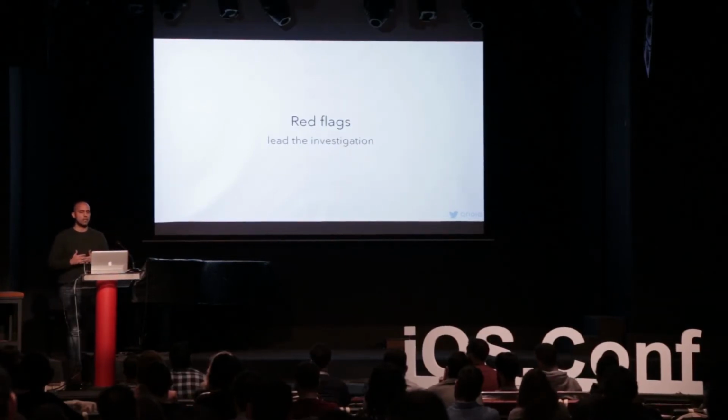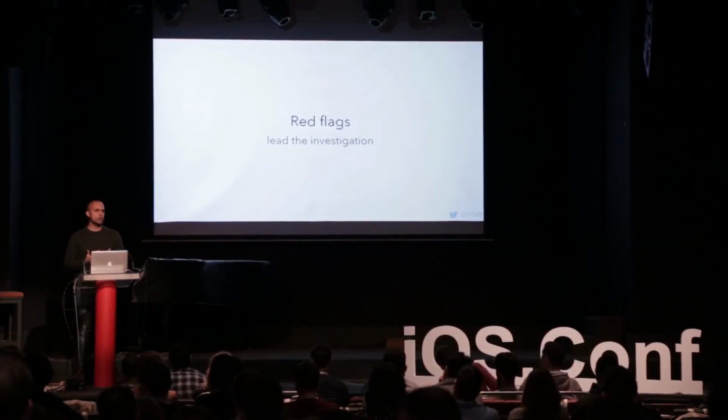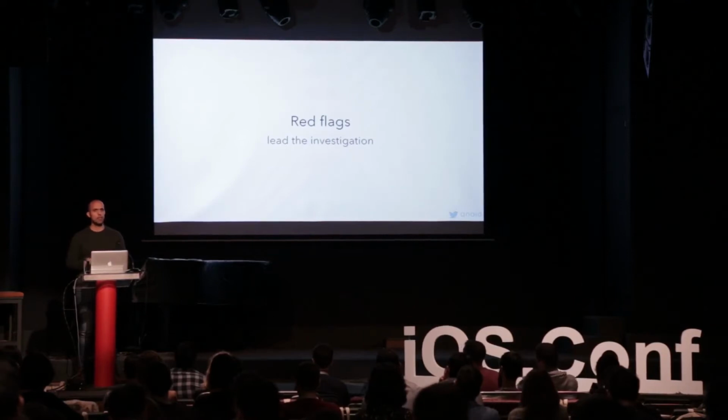So I talked about red flags and how they lead the investigation. And when it comes to memory usage, as an example, there are things like memory usage that keeps growing and growing and growing. This is a red flag. If it's growing without control, if it's unbounded.